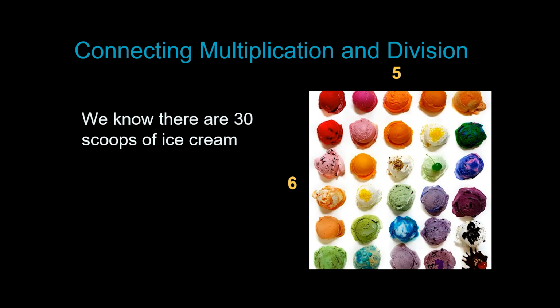Let's take a minute to think about how we can relate division to what we just did. We now know there are 30 scoops of ice cream in this image. Think about what division equation we could use to represent this now.